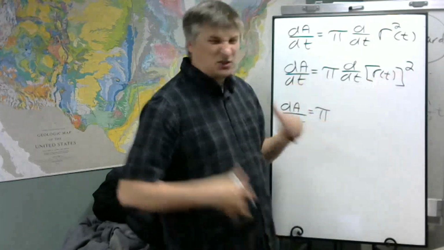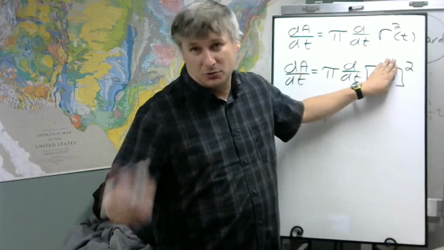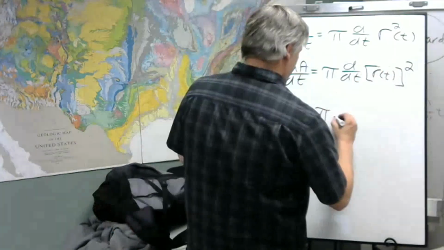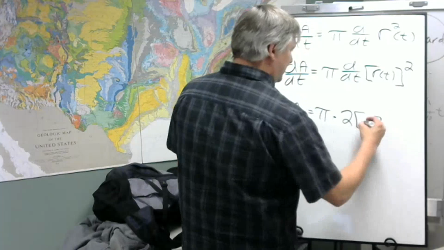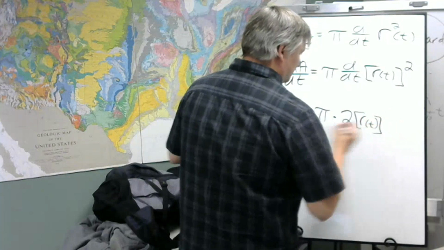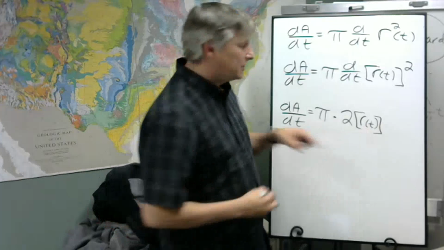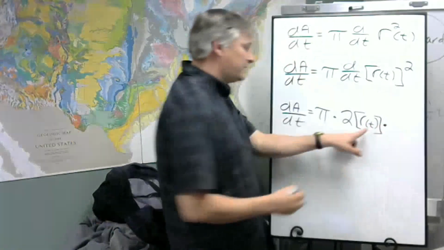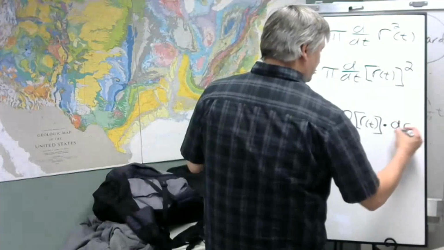The derivative, like the derivative of, say, x squared, is just 2x. Except this time, instead of having x, we have r of t, that inner function. Next, with the chain rule, we multiply by the derivative of that inner function. And in this case, it'll be dr dt.